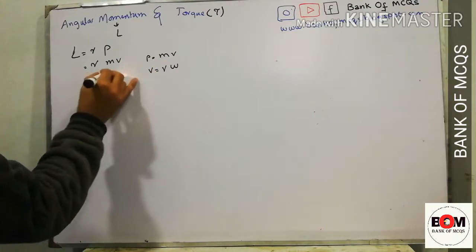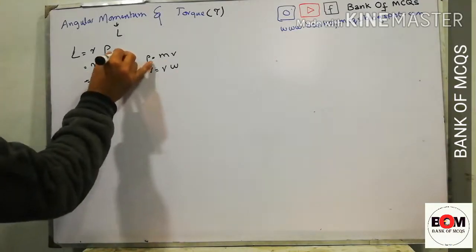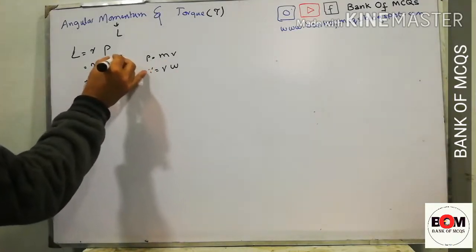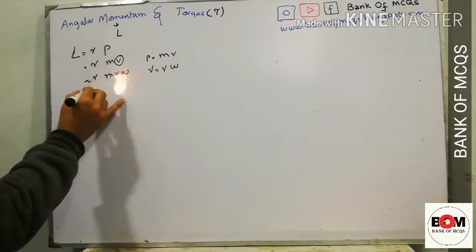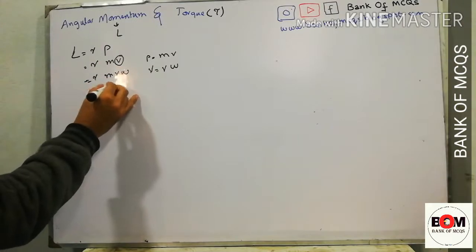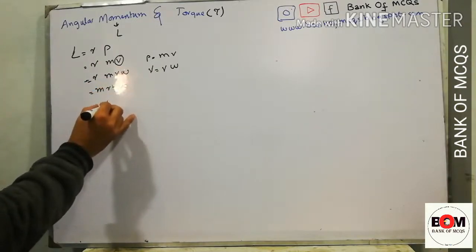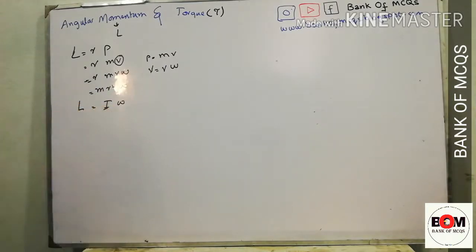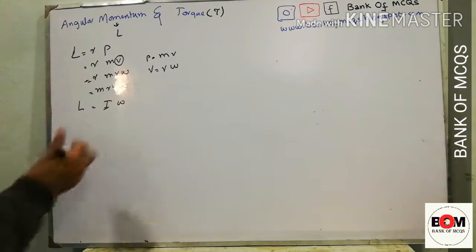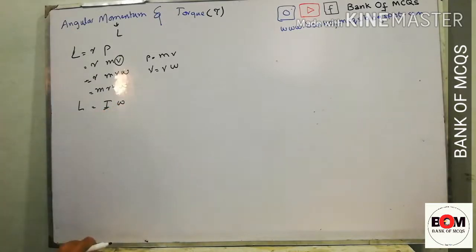So in this we will replace V by R omega, and we get M R square omega, where M R square is the moment of inertia. This is angular momentum: L is equal to I omega.